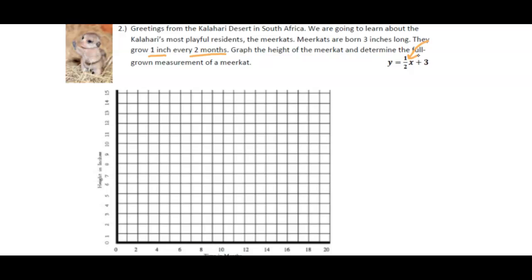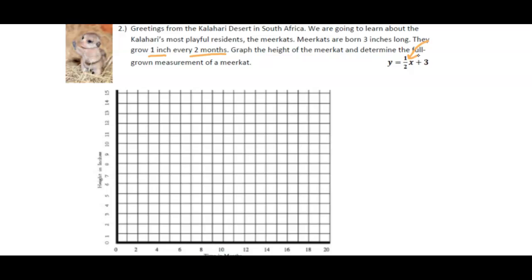1 inch for every 2 months. Graph the height of a meerkat, or the length of the meerkat, and determine the full-grown measurement of a meerkat. Okay? So, we're going to create a table.